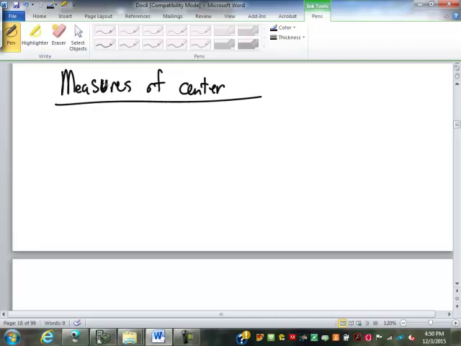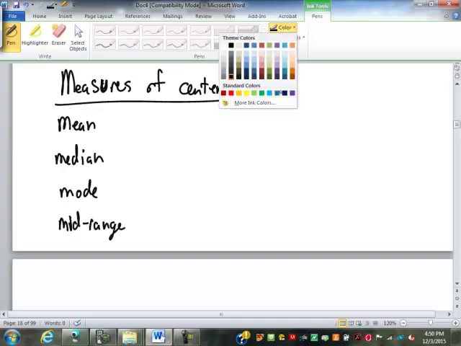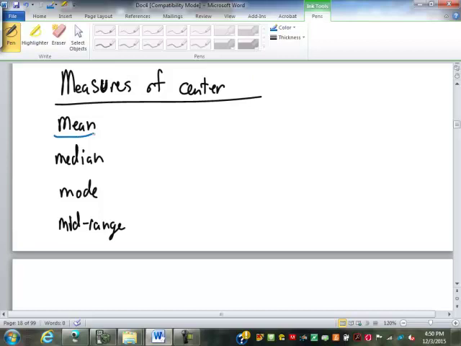Well, we have three common measures of center and another one that I'm going to throw in there because it gets used. We have mean, median, mode, and the one I'm going to put in there is also the mid-range. To calculate the mean, add them up and divide by n.